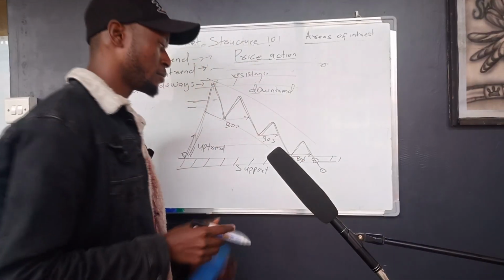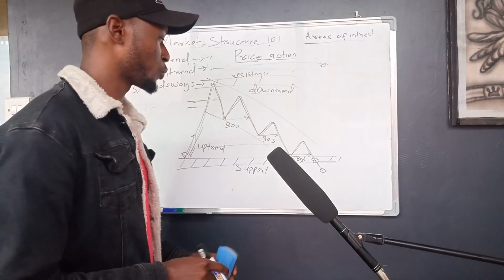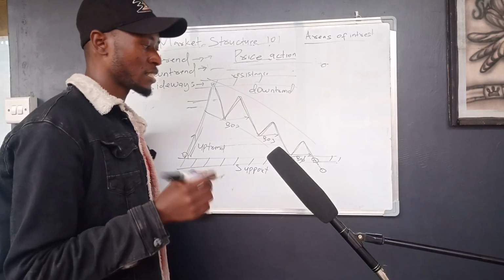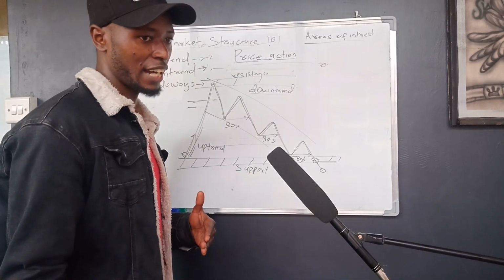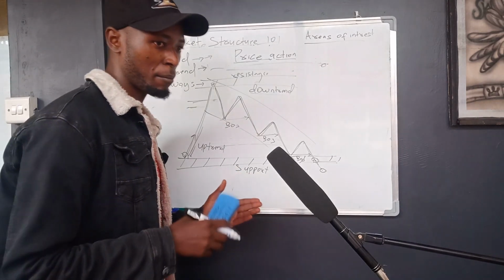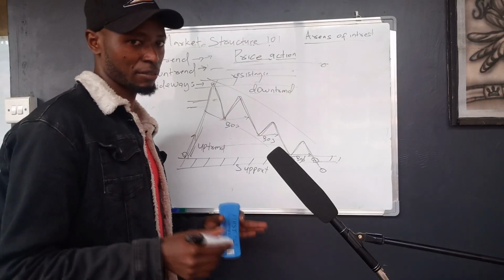The market is breaking lows consistently and moving in a downtrend. So we have to wait for a reversal. A reversal simply means that if a market is moving in a series of downtrends and we are now anticipating buying, we have to wait for the market to actually show us that the buyers are present.